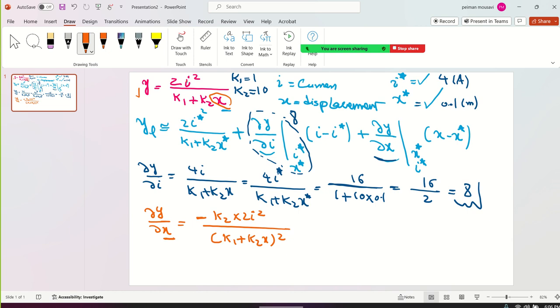When you say i, it means only your variable is i and this is constant. That's why I did it like that, simple. So if I put in the numbers, it's going to be minus 10 multiplied by 2 multiplied by 16 divided by 2 to the power of 2, which is 4. So 20 divided by 4 is 5. 5 times this is minus 80.